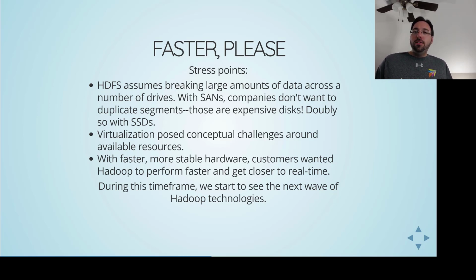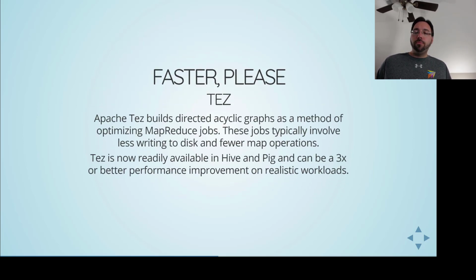And as a result, we start to see the next wave of Hadoop ecosystem technologies. One of the first ones is Apache Tez. So Tez was built on top of MapReduce, and it builds a directed acyclic graph, a DAG, in order to reduce the number of map and reduce operations necessary.